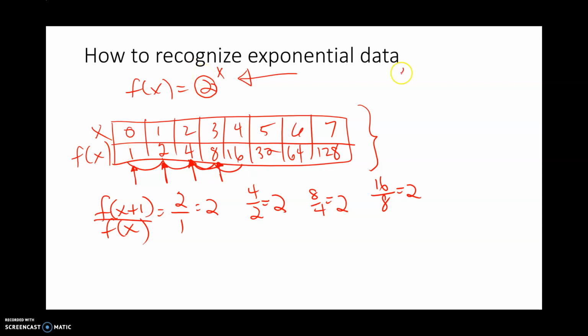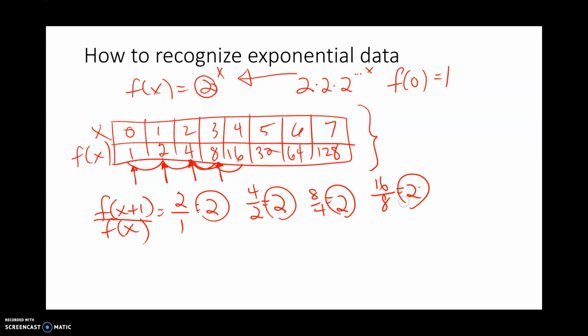F of 0 is 1. To get to the next value, we would multiply by 2, because this is 2 times 2 times 2, all the way up to however many times x is. So the fact that these are consistently the same number tells us that this is exponential data, with the multiplier or base of 2.